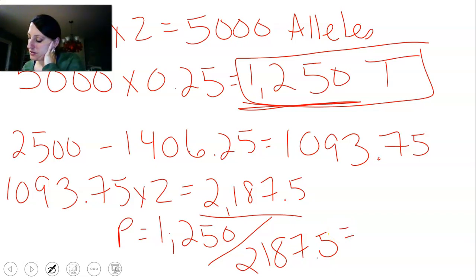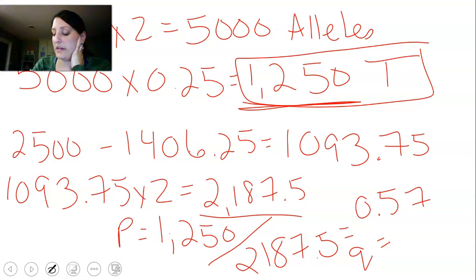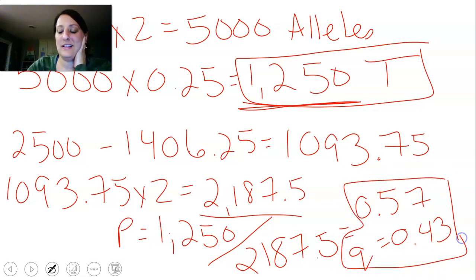And that should equal about 0.57. So that's your new p-value. To get Q, you just do 1 minus 0.57, so that's going to be 0.43. It's tricky. Okay? So again, the more you practice, the better you'll get at this.